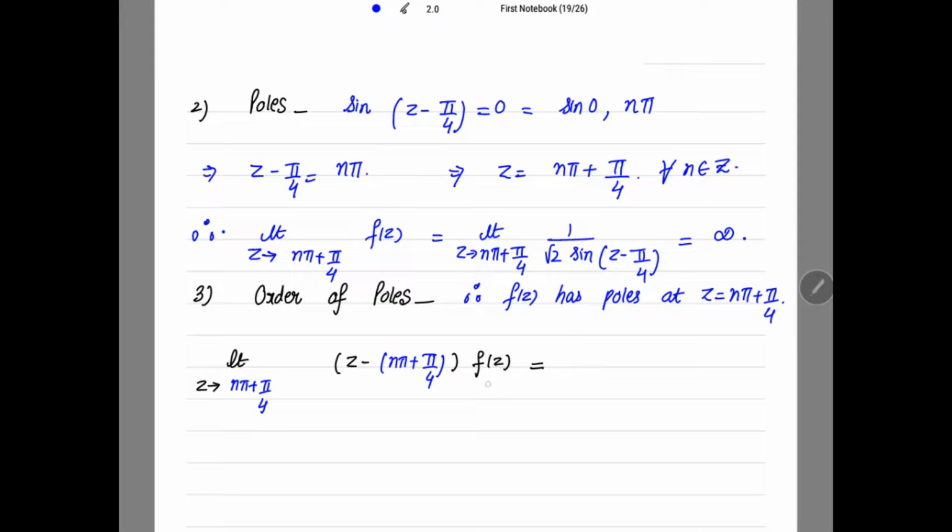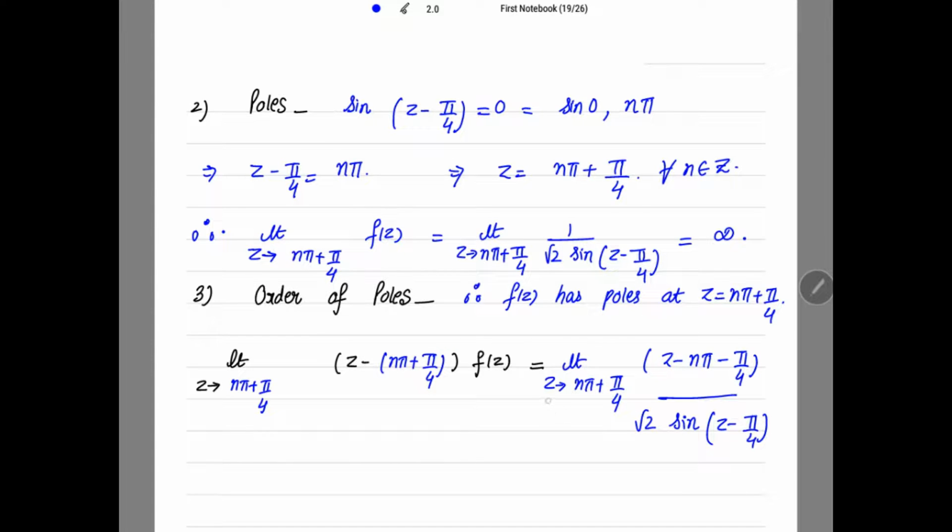Let's check this limit. This is equal to limit z tends to n pi plus pi by 4 of (z minus n pi minus pi by 4) over root 2 sine of z minus pi by 4.